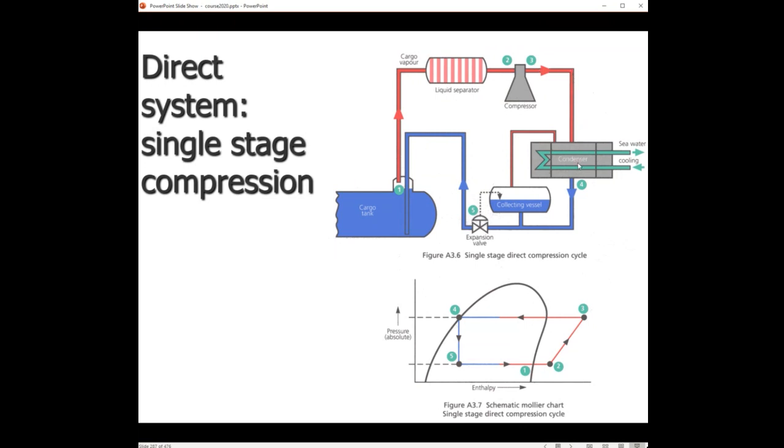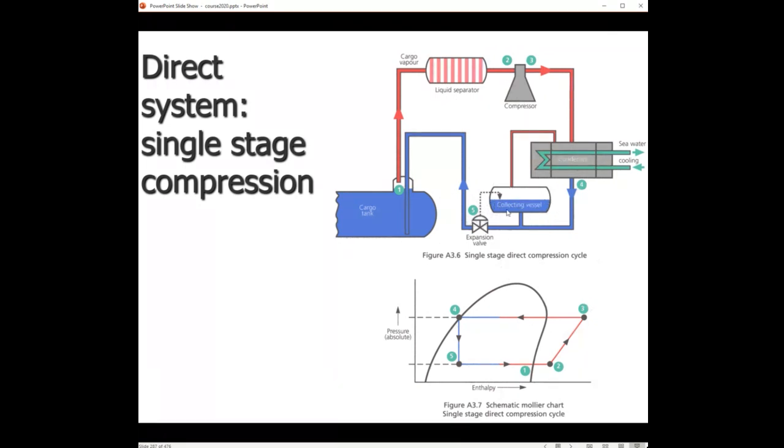Then we go to the condenser, as we discussed on the first diagram, and after the condenser, we will first install a collecting vessel, this one, also named the liquid receiver. It receives the liquid from the condenser, and it temporarily will stock the liquid inside the drum.